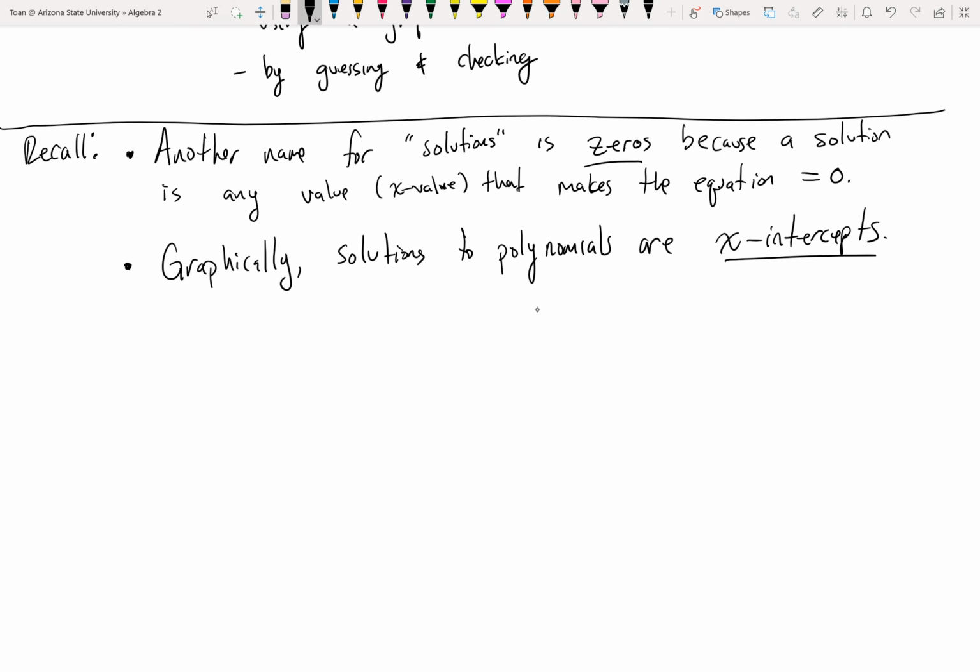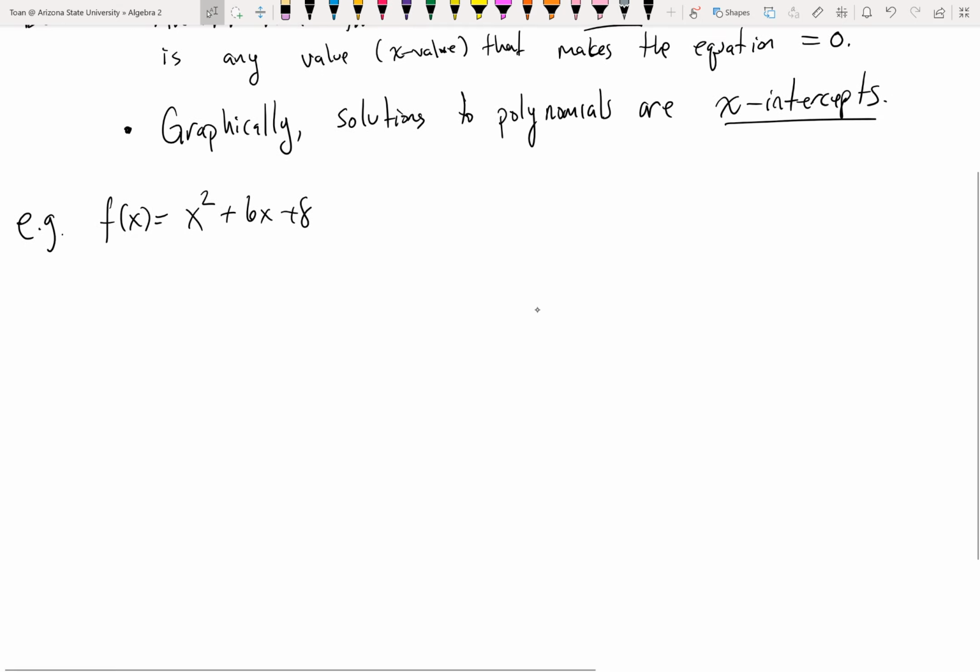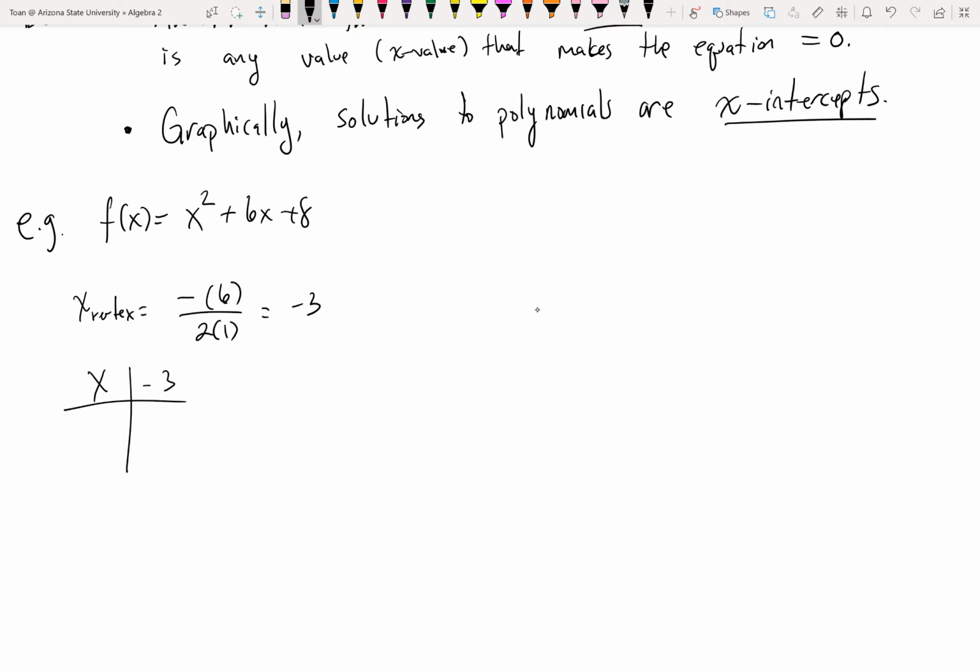So for example, if I have the function f of x equals x squared plus 6x plus 8, and we were to graph it, let's just do a quick review of graphing. I want to find the x coordinate of the vertex. So it's negative b over 2a, which is negative 3, and then make my xy table.